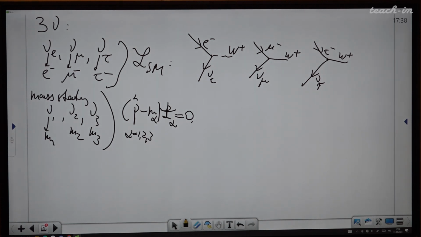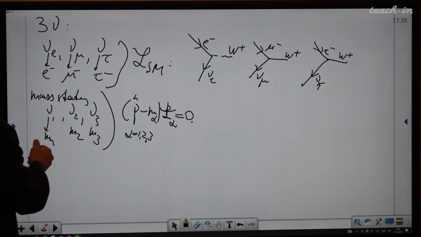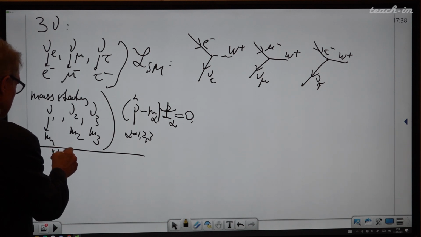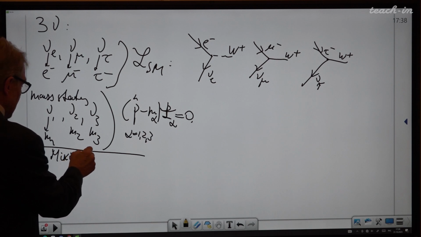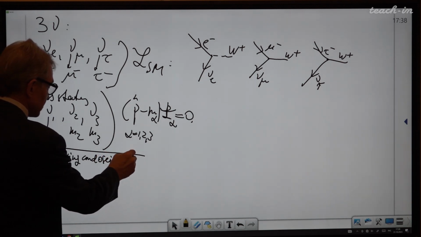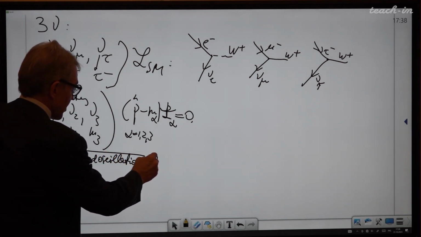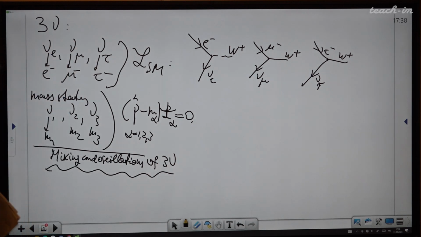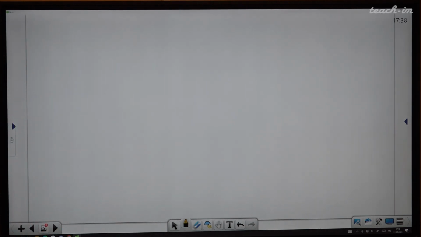And now let's consider the problem of mixing and oscillations of three neutrinos. Let's again consider a more or less realistic model of an experiment.